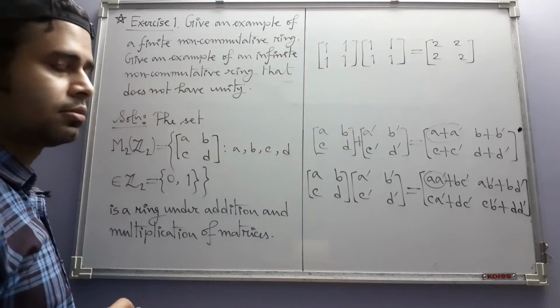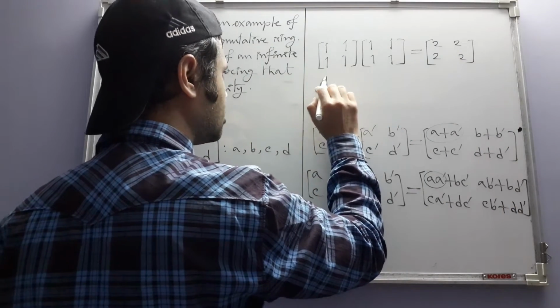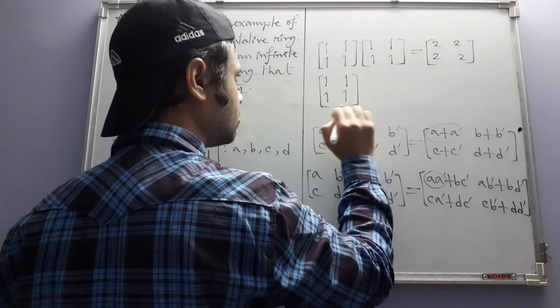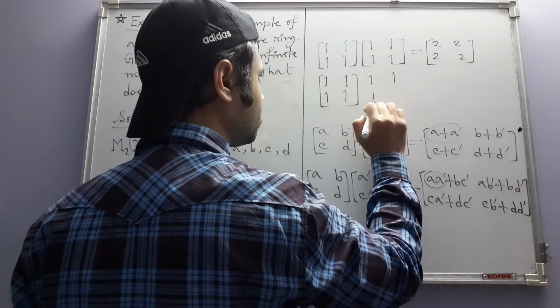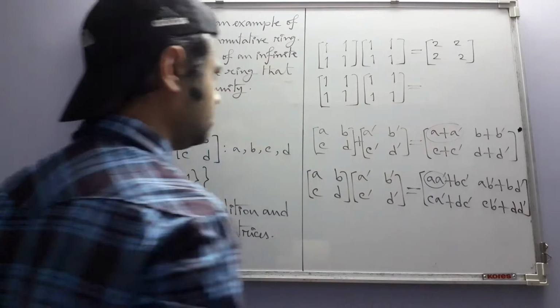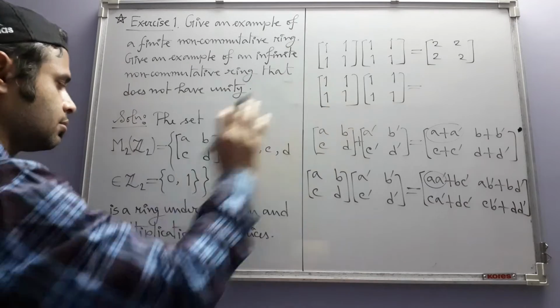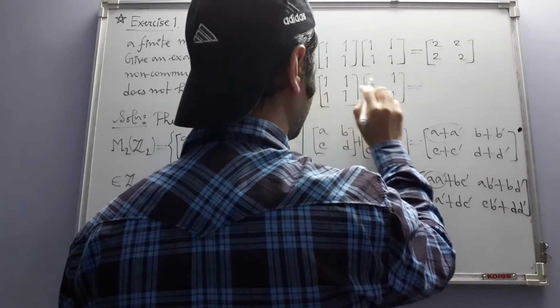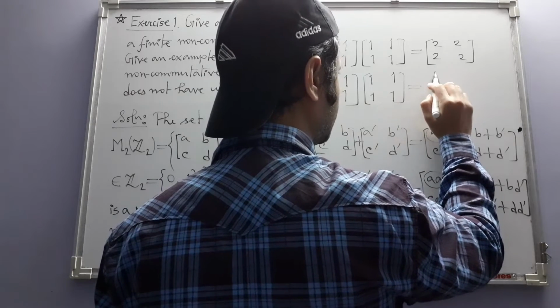But if you perform this calculation by considering this as a matrix from here, then 1 plus 1 is no longer 2 but 0.